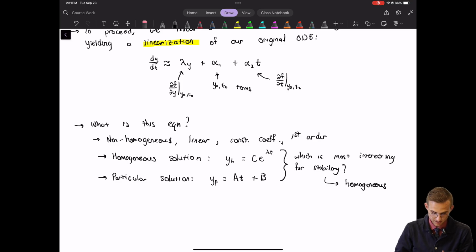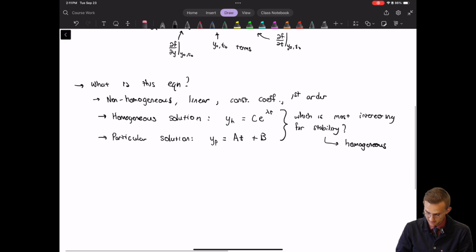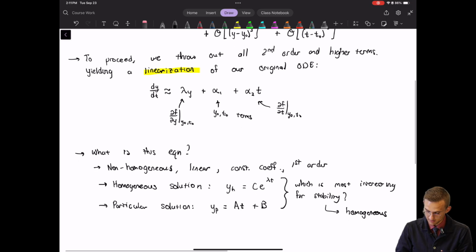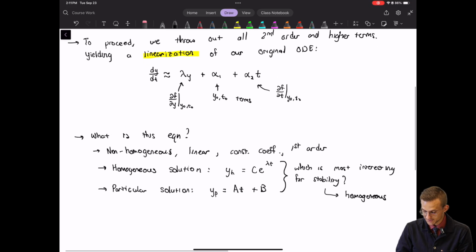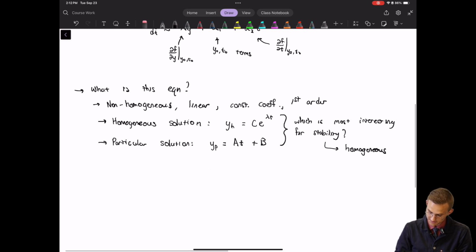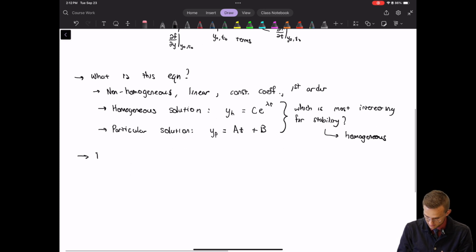What we've essentially shown here is that for the first order behavior of our solution, which is represented by this linearized equation, the component that is going to lead to the unstable, uncontrollable growth and behavior is captured by the lambda y term. And so therefore the model problem, and this is another term to remember, what we mean by model problem.